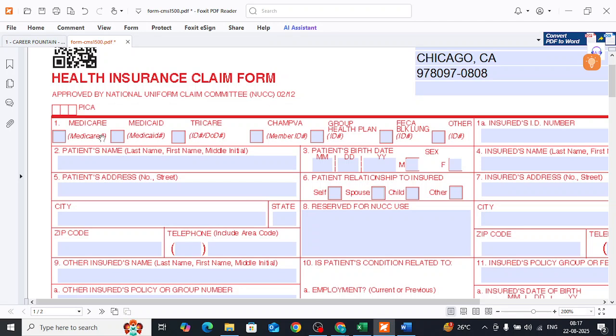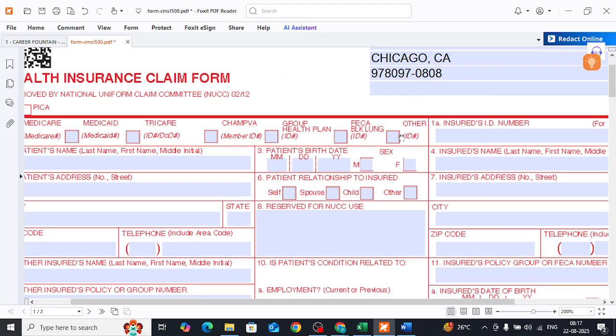These insurances are provided by the US government, and not everybody is eligible to get them. There are eligibility criteria. Medicare, Medicaid, Tricare, Champva, Group Health Plan, FECA, Black Lung, all these are provided by the US government.